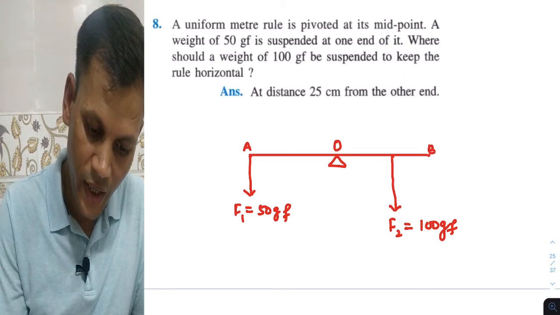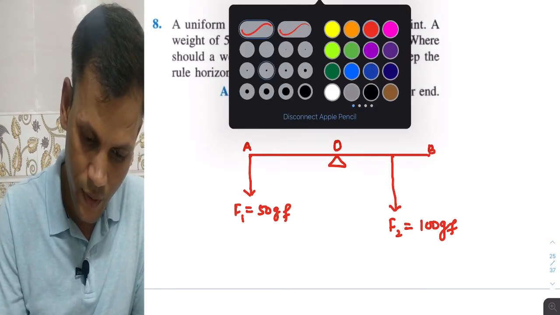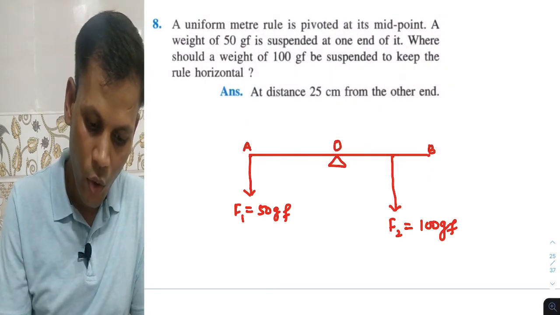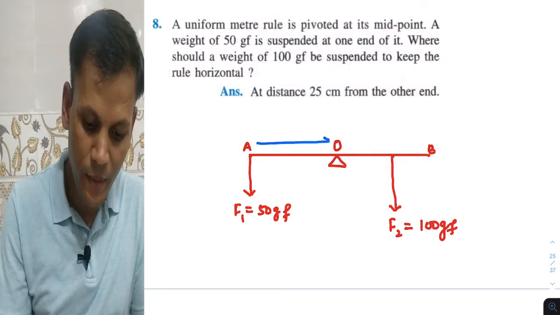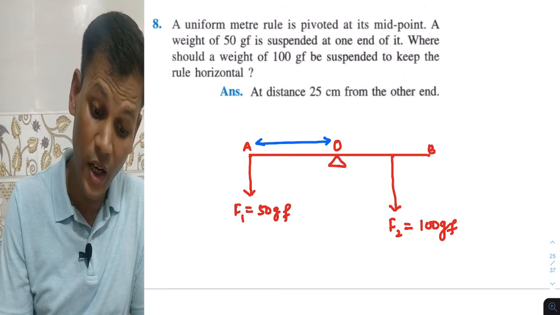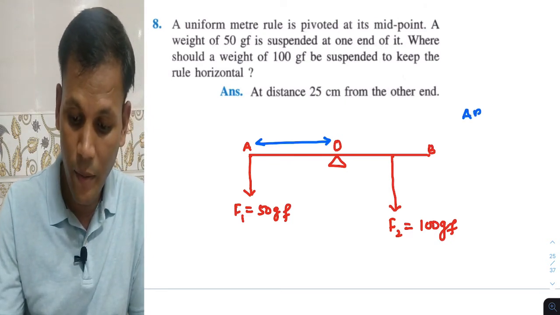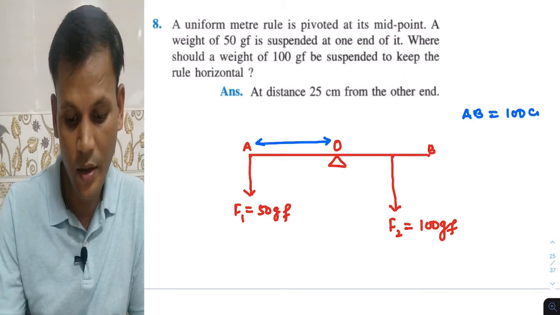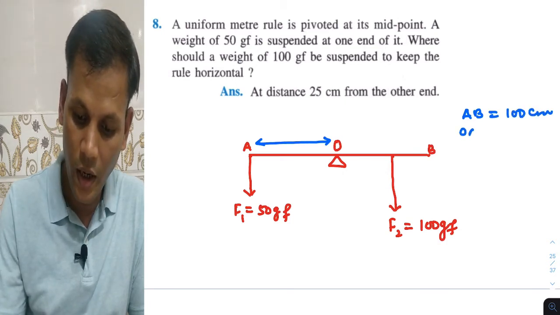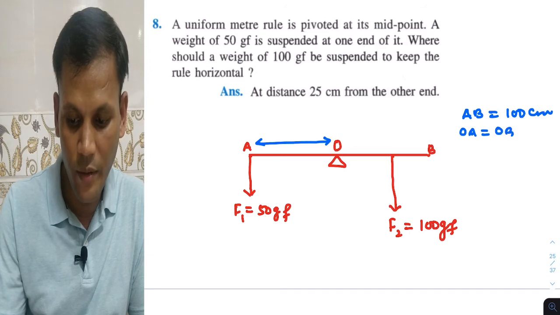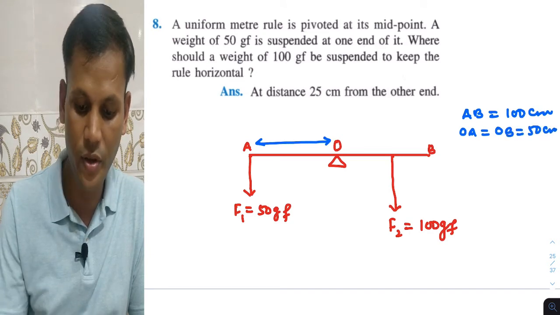Now we can write all the information about this. Definitely OA will be 50 centimeter because it is a meter rule, 100 centimeter. AB is 100 centimeter. So OA is equal to OB, 50 centimeter each.